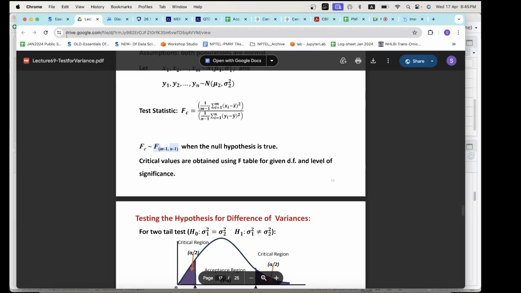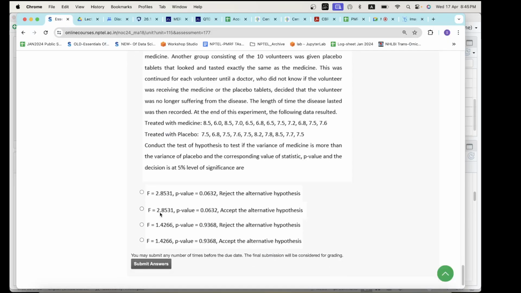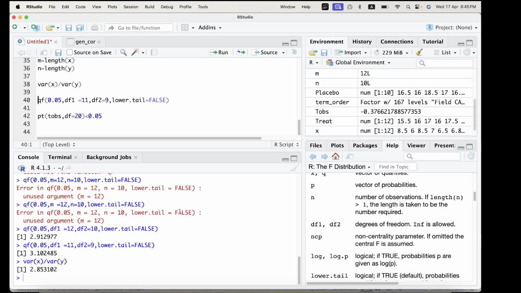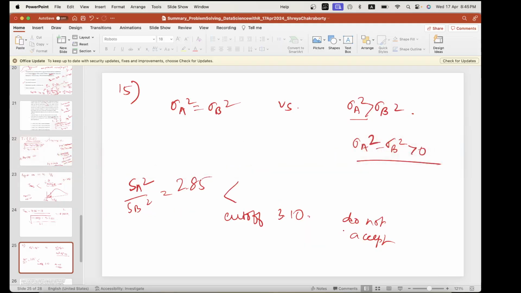Is it matching? So F was 2.85, and now we have to go to the P value. This is a right tail test. The rule is reject H naught if and only if SA square by SB square is greater than the cutoff.